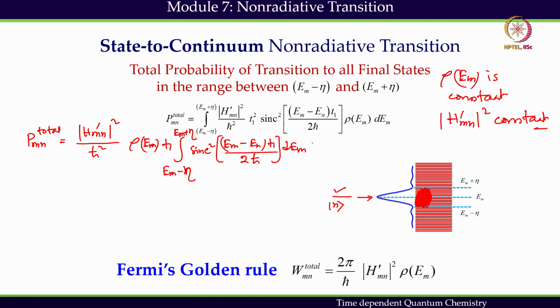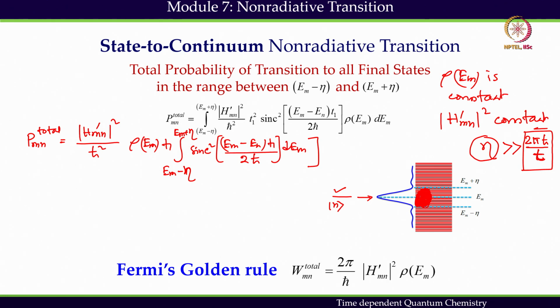So, one way to further reduce this equation is to assume that eta is actually greater than 2 pi h-cut by T1. What does it mean? It means that eta is controlling how many states I am going to integrate, and this part is controlling how many states I have available.